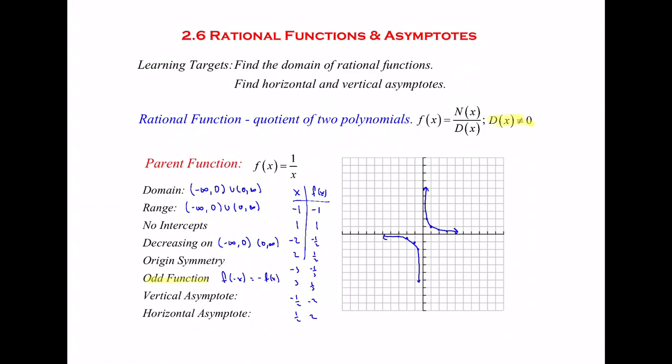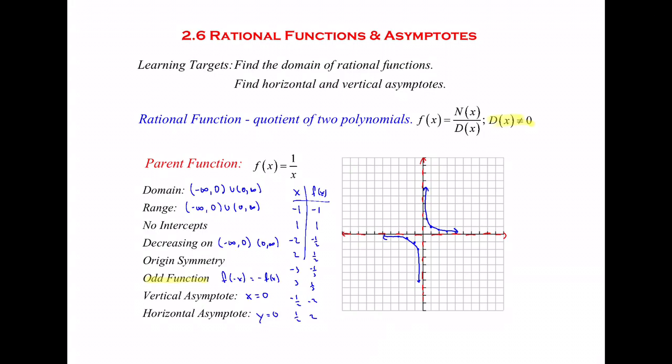We have a vertical asymptote at x equals 0, and we have a horizontal asymptote at y equals 0. So these would be these dotted lines indicating that the graph, as it goes to infinity, gets closer and closer to each of these horizontal and vertical lines.